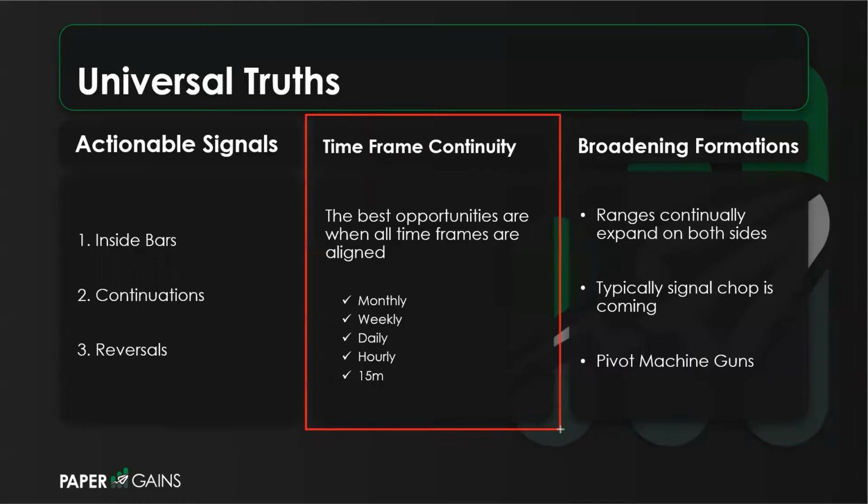What's really important to understand, and the first part of filtering out the noise, is that you need to always be looking at least 4 different time frames at all times.